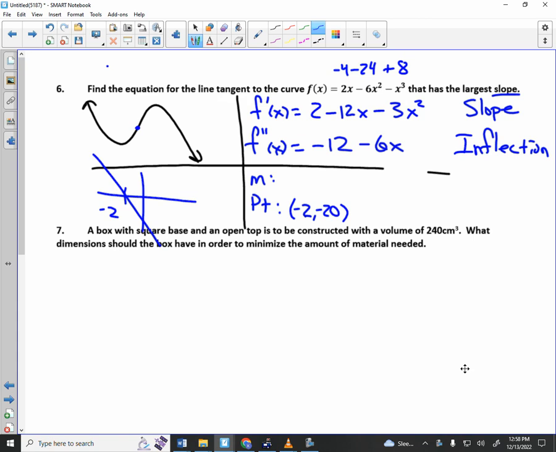I need slope. What do I use up here to produce slope? That first derivative right here. So I have -2. That will be 2 plus 24, and then it will be a -12, which will be 14. But you plug in -2 here, right? Yep.